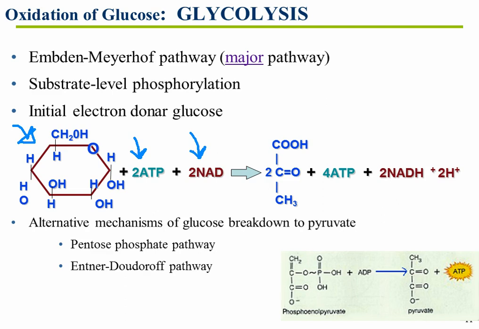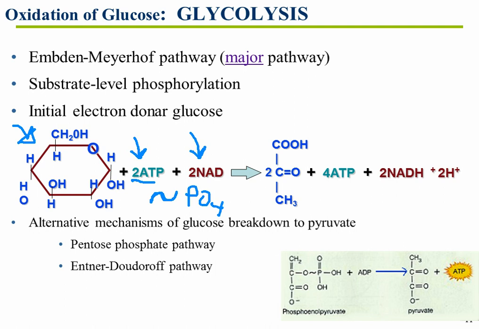All right. Basically what we're going to do, and again I can show you this much better on an animation in class, but to summarize this, we're going to add phosphates onto the glucose. That's why we need 2 ATPs. Remember adenosine triphosphate, and remember that adenosine triphosphate has high energy bonds with a phosphate.